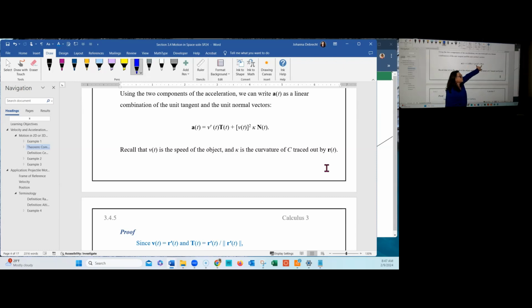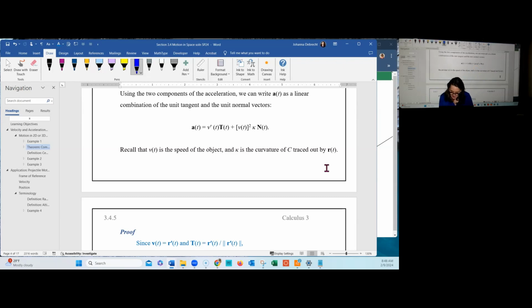And the second term is our a sub n, the portion of acceleration that lies along the normal vector. Recall that v of t, without the bolding or the harpoon, represents the speed of the object. So the coefficients of the unit vectors are all scalar-valued functions, real-valued functions of t. This is the derivative of speed, v prime of t, and this is the speed squared, v of t squared.